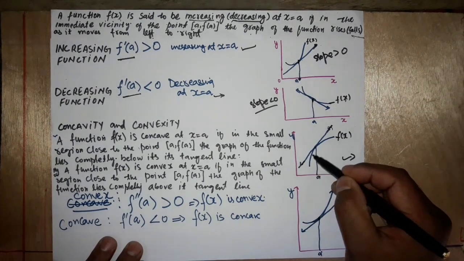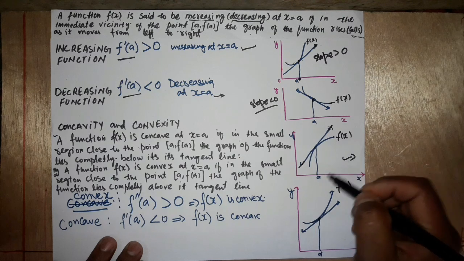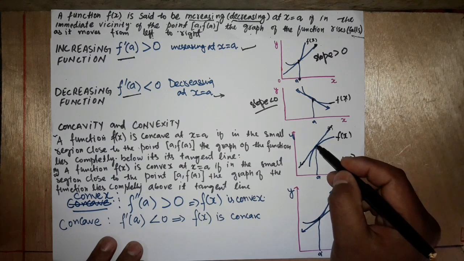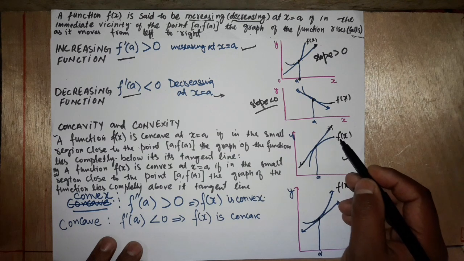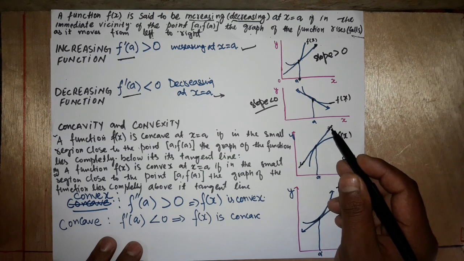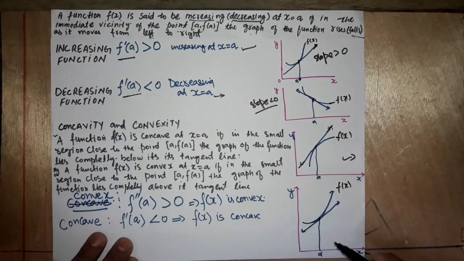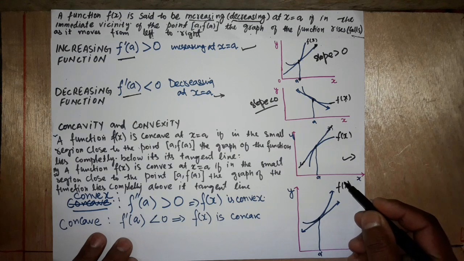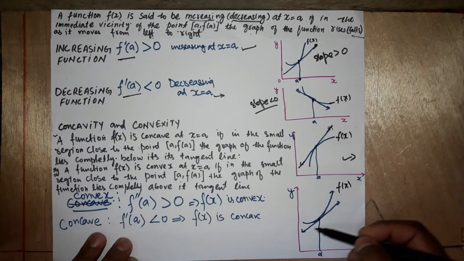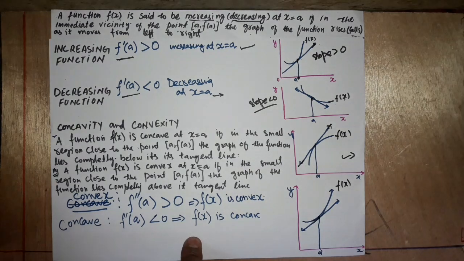If f of x is the function, and if I draw a tangent at x is equal to a, and if that tangent lies above the function, then this is the concave function. Similarly, if I have a function f of x, and if its tangent lies below, then I will say this is the convex function.